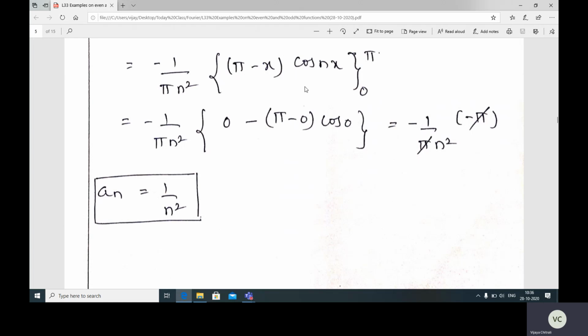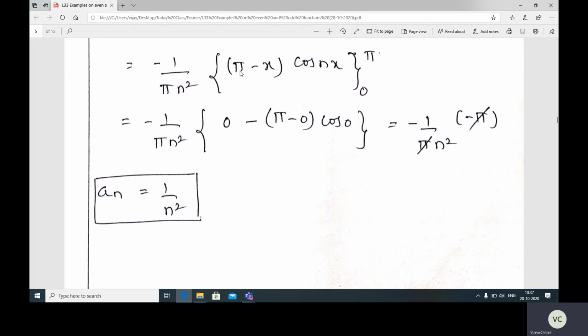Minus lower limit. In place of x, 0. Pi minus 0 is pi and cos 0 is 1. So you'll get this as pi minus 0 times cos 0. Cos 0 is 1 and this minus is plus, and this pi gets cancelled. So we'll get an as 1 by n square. I'll explain it once again. So minus 1 upon pi n square is as it is.